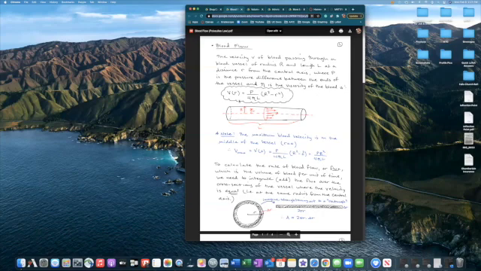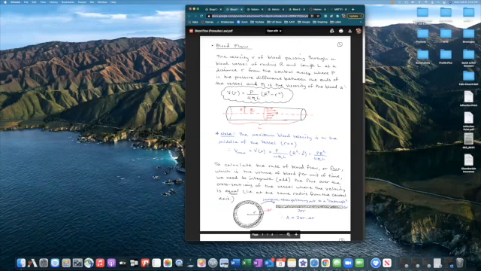The formula is that the velocity at distance r from the central axis is the pressure divided by 4 times the viscosity times the length, times the big radius squared minus the little radius squared. And that formula is just kind of given.